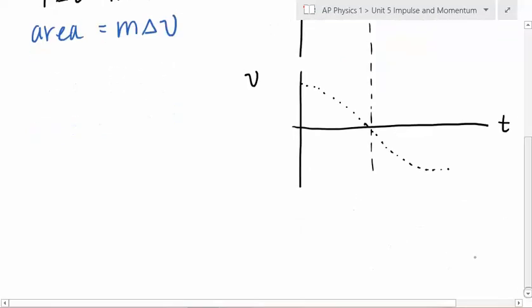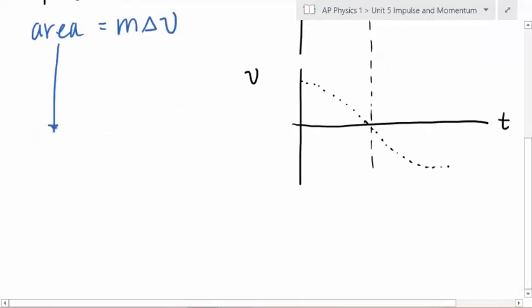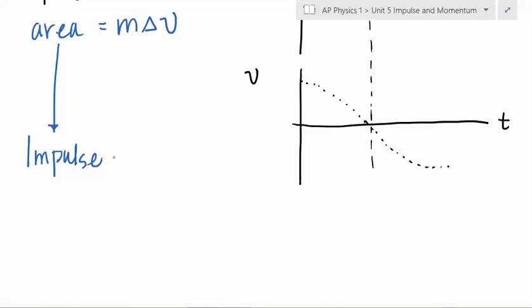So this area thing is called the impulse. Now, if you think about it, impulse is this weird thing. It's the product, this multiplication, of a force times the time that force is acting. And in very simple terms, an impulse is just a little poke. Okay? It can be for a longer amount of time.